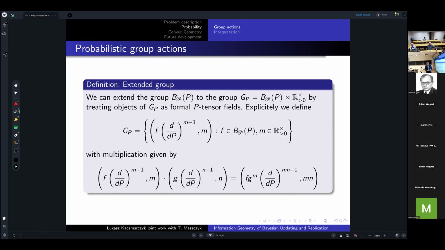And as I mentioned in the geometric setting, we can extend this group action. First, we can extend this group from B to B cross positive real numbers with multiplication, by considering them as more or less formal. Positive, my bad.